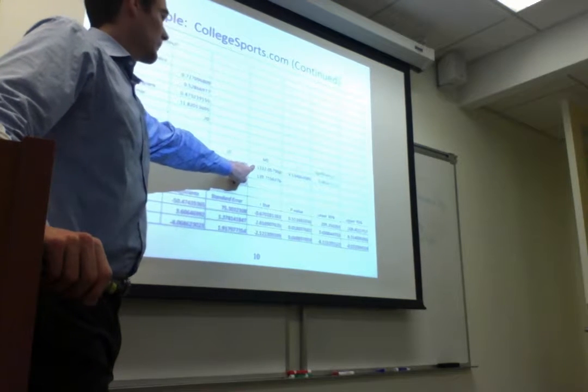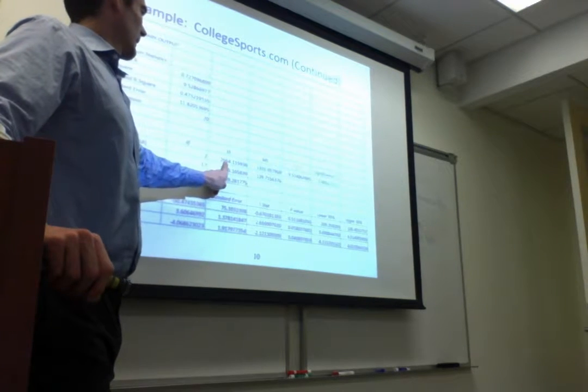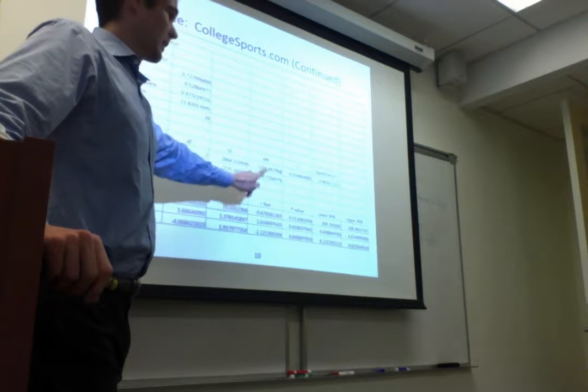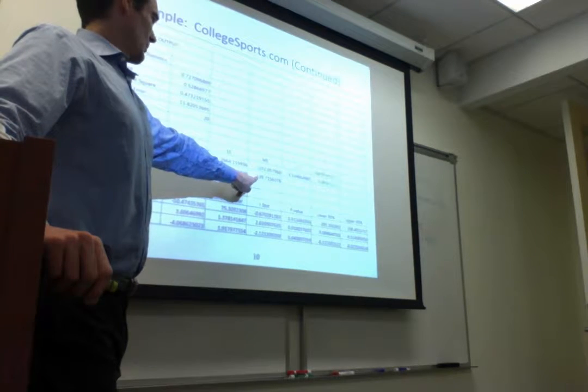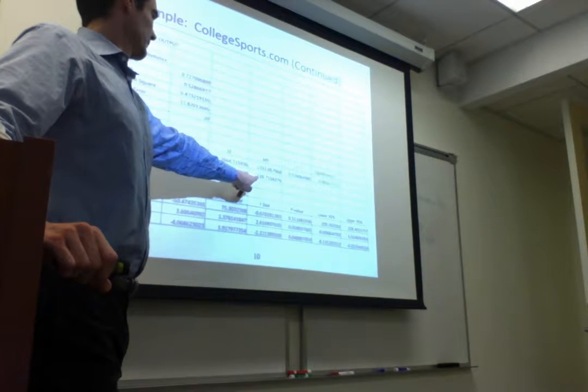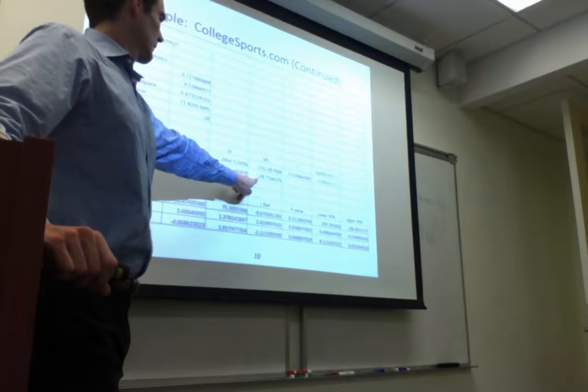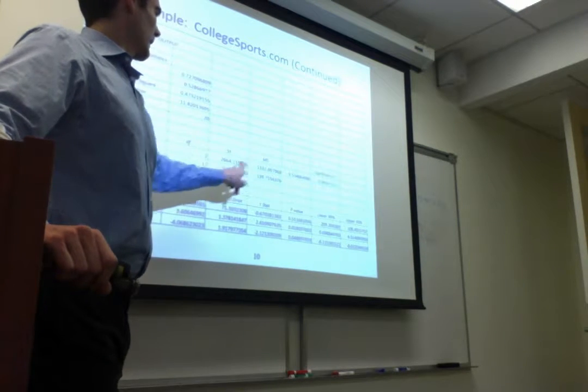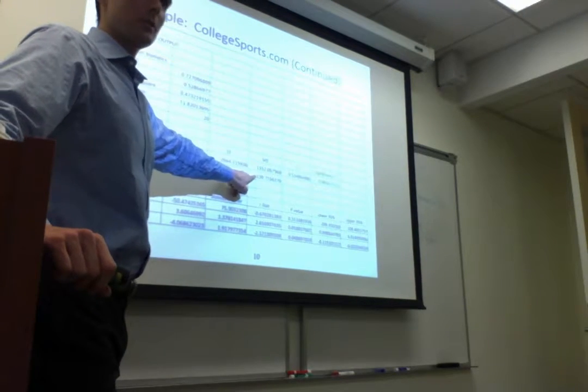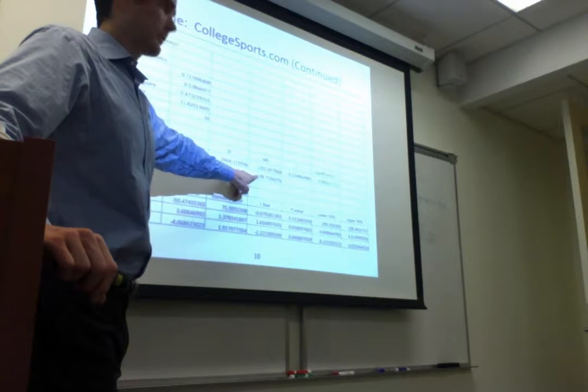The mean square of the regression is essentially the SSR divided by the number of independent variables. Mean square of the error is the SSE divided by essentially the number of samples.